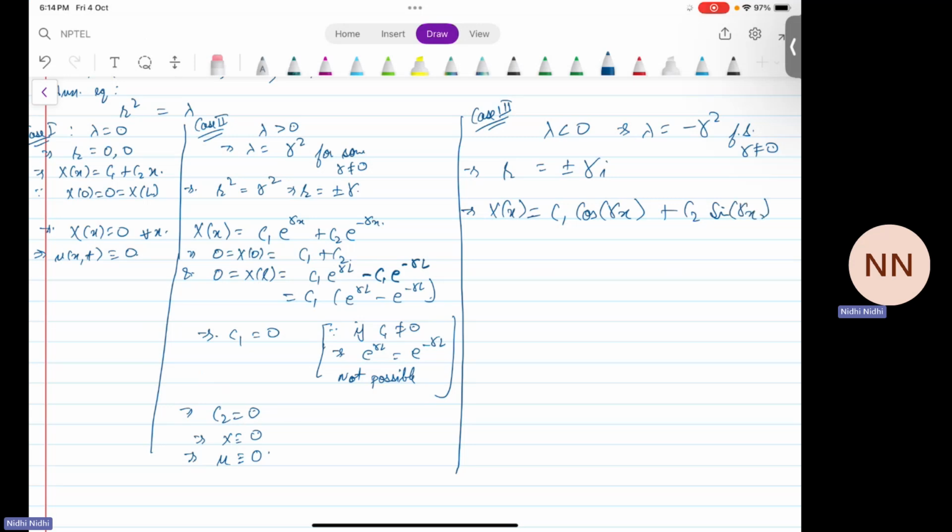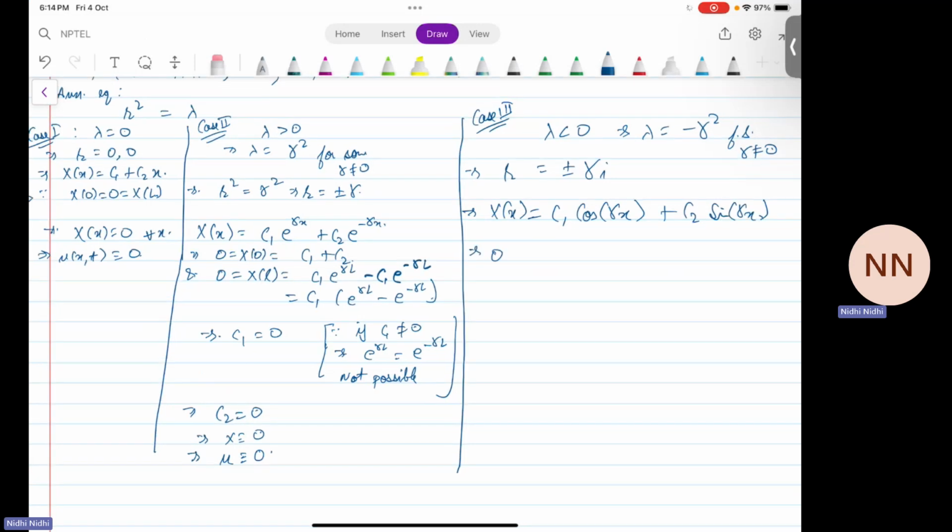Now let's look at the boundary conditions. We have 0 is equal to x at 0. X at 0 is c1. So this implies x is just c2 sine gamma x.